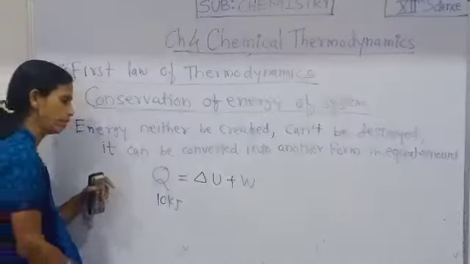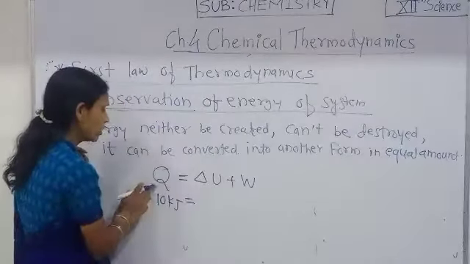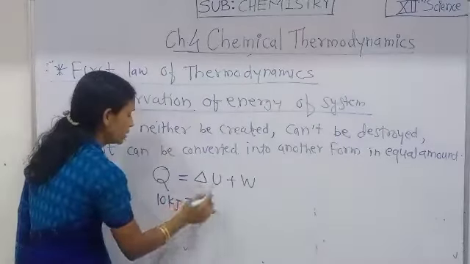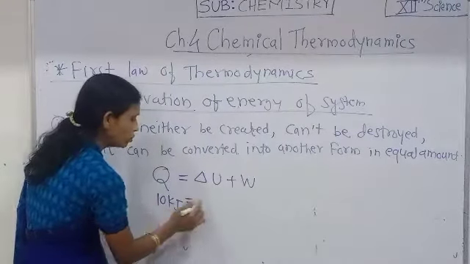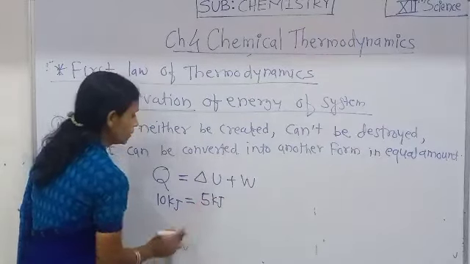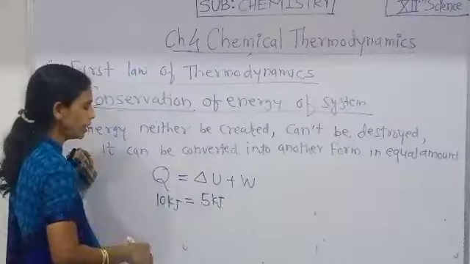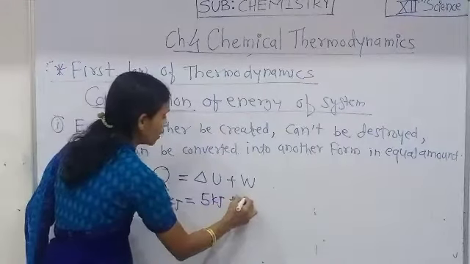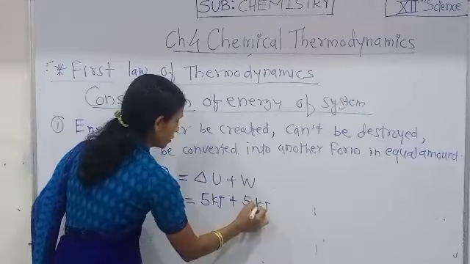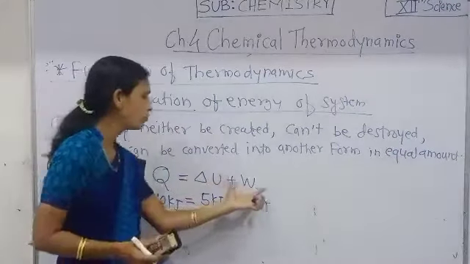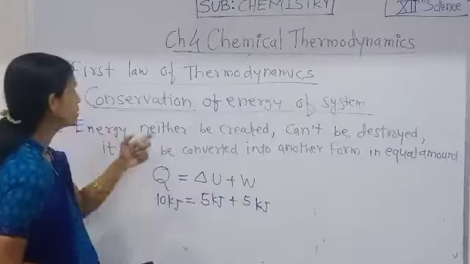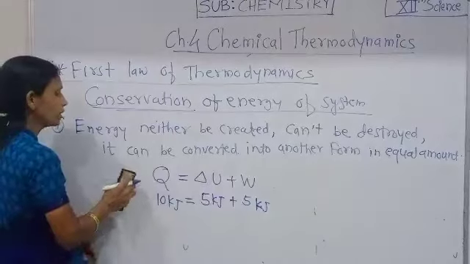Suppose 10 kilojoule heat is provided to the system, then out of that, 5 kilojoule heat is used to change the internal energy and the remaining 5 kilojoule heat is obtained in the form of work done. That is the energy conservation law, or the first law of thermodynamics.